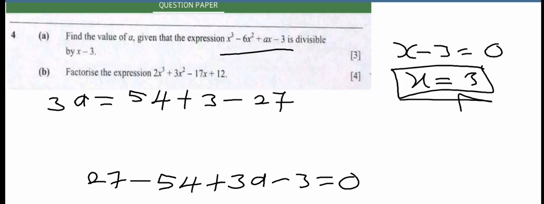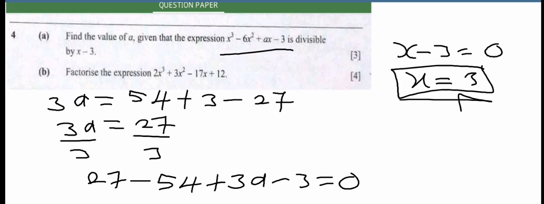When I do the computation, the answer is positive 27, so 3a equals 27. I divide by 3 on both sides, so the 3 and 3 cancel each other. Therefore, the value of a is equal to 9. So that is the answer for question A.